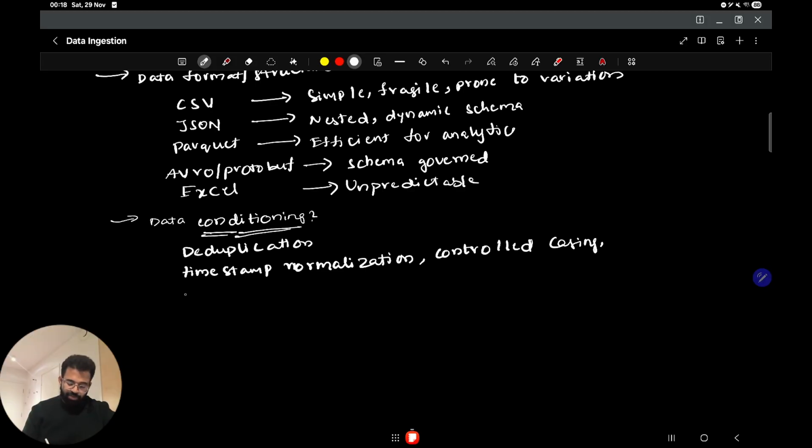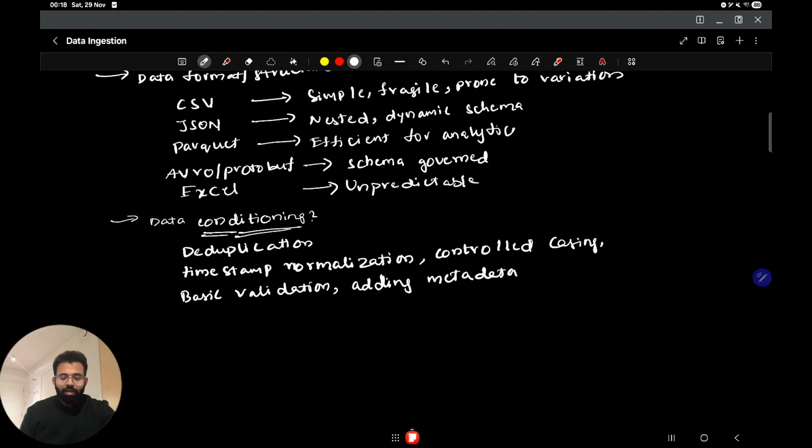You should of course see if you need some basic validation checks. And you should also see if you want to add some metadata, like housekeeping columns, just for monitoring, ops, or lineage purposes.